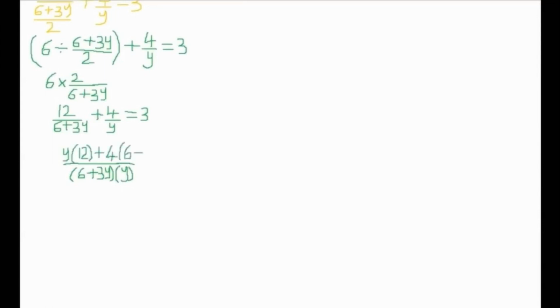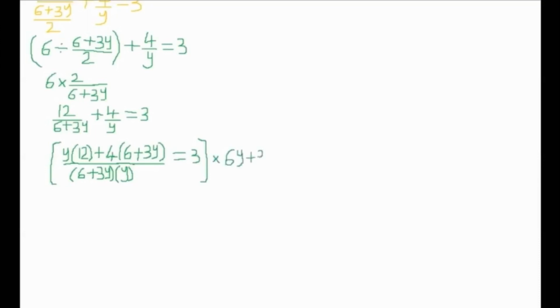Okay, y multiplied with 12, it will be 12y. Okay, first of all, we should break that fraction on the left hand side, so that we just have one part.